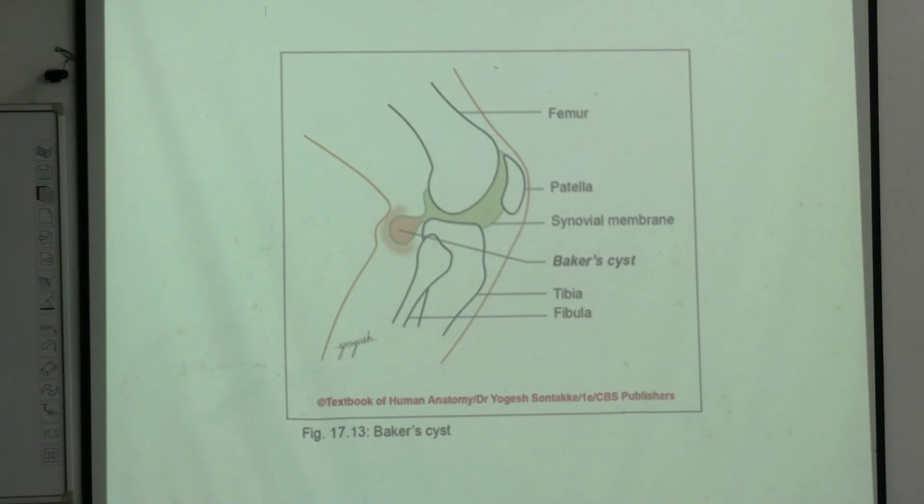What happens is that this Baker's cyst may burst open, rupture, get infected, and lead to skin necrosis, opening the knee joint from the posterior side. Then they come to attention: all of a sudden the knee joint, which had no problem, has opened up with ulcers. Because of the cyst, it burst open and made an ugly looking ulcer. Then they realize there is a problem.